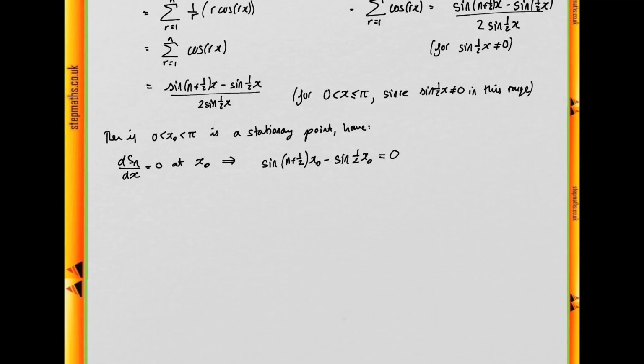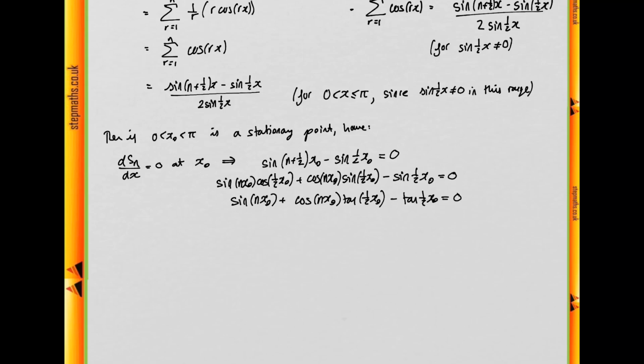Now, again, if we use the addition formula on this part for the sines, we can expand to arrive at this. And if we divide through by cos of a half x0, we obtain this line here. How can we be sure this is valid? Well, since we know 0 is less than x0 is less than pi, we know that cos of a half x0 certainly is not equal to 0. Therefore, rearranging this, we arrive at this result here, which is exactly what we wanted.